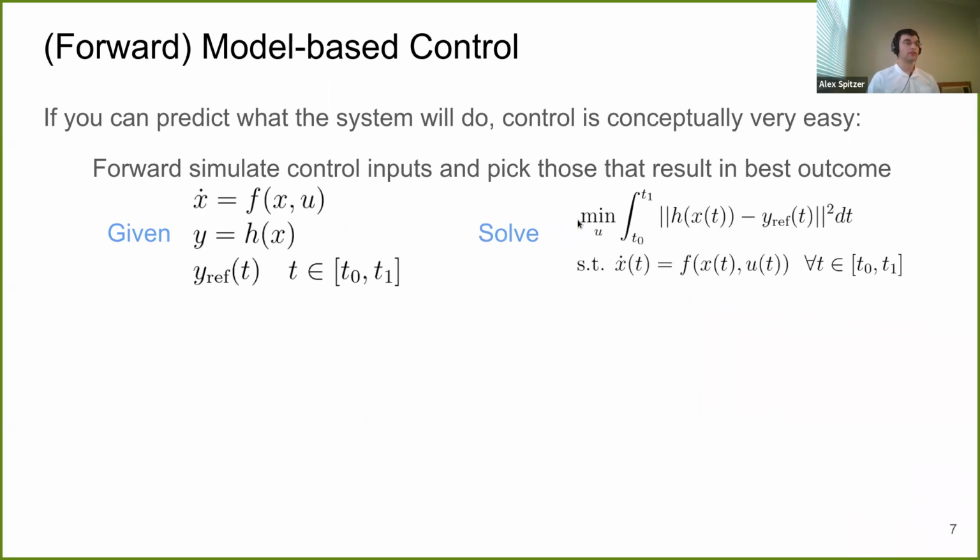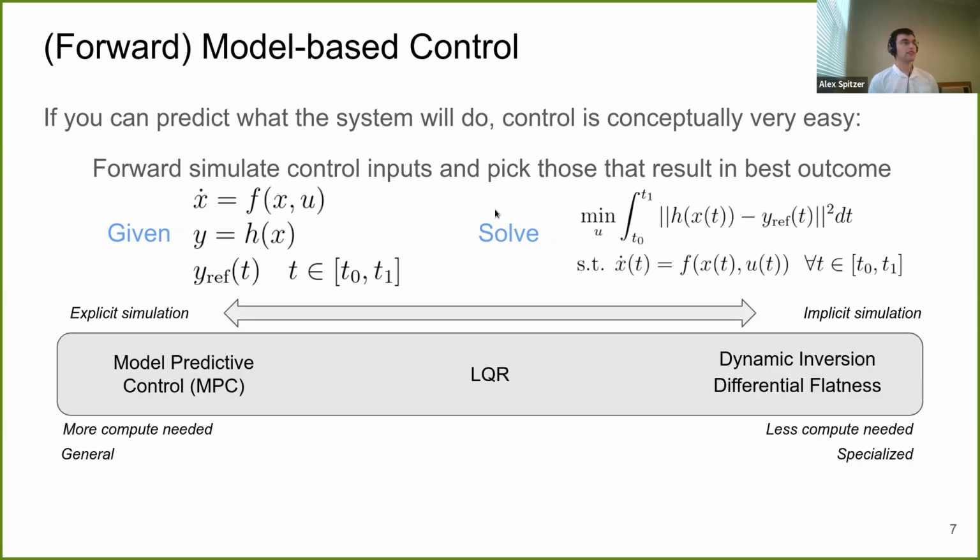And we essentially want to solve this optimization problem here on the right, which is find the controls u that minimize the error between the system output h of x and the reference output y ref. And we want to do this while following the system dynamics. The ways to solve this forward model-based control range depending on the assumptions that you make. So here I've shown a spectrum of the different approaches.